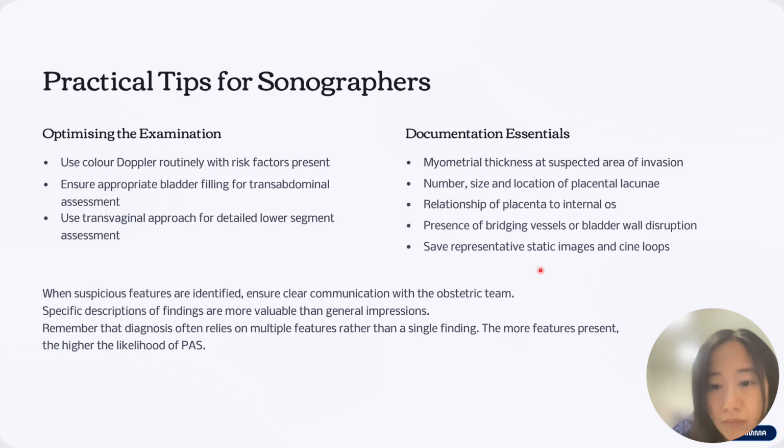So let's use cine loops. And once suspicious features are identified, there should be clear communication with the obstetric team. It's the same even with fetal anomalies. Give a specific description of findings rather than a general impression.